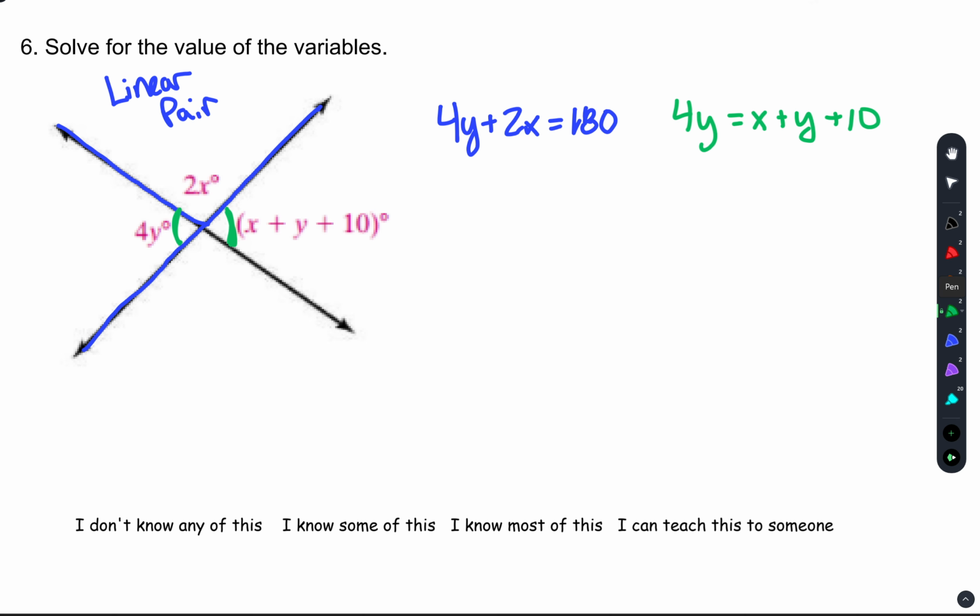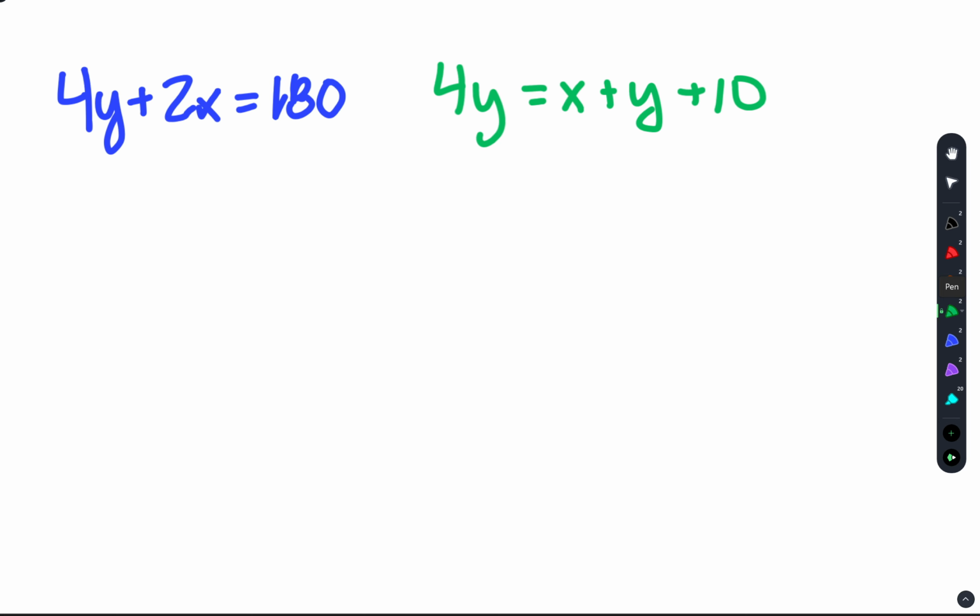Okay. Do we want to substitute or do we want to eliminate? Anybody have a preference? Well, I eliminated last class, so let's substitute this time. I'm going to pick a variable. I'm going to pick x to isolate in this equation over here.